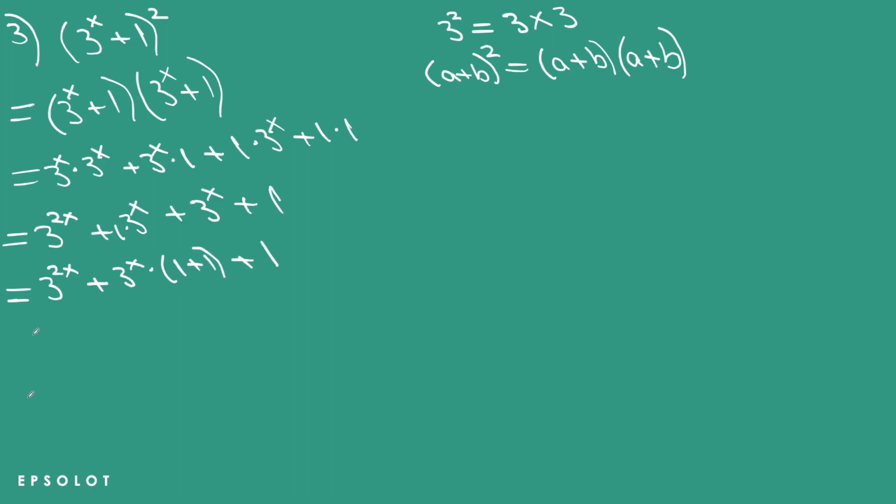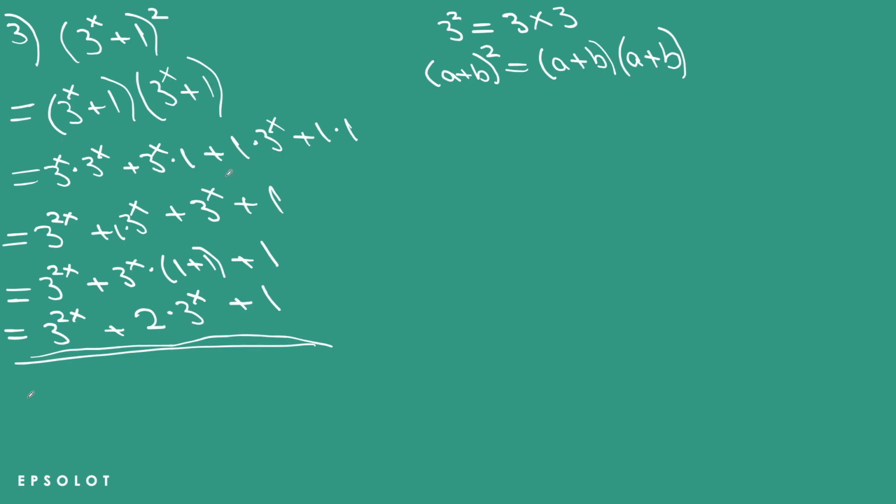And then you end up getting 3 to the power of 2x plus 2 multiplied by 3^x, plus 1. What this means is that there are 3 to the power of x terms being added to each other. So that's why you put a 2 there, so 2 multiplied by that expression, and then you can simplify the expression from this to this.